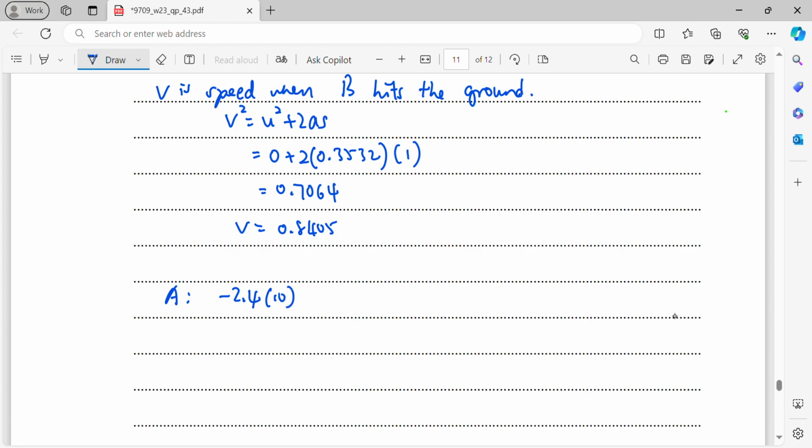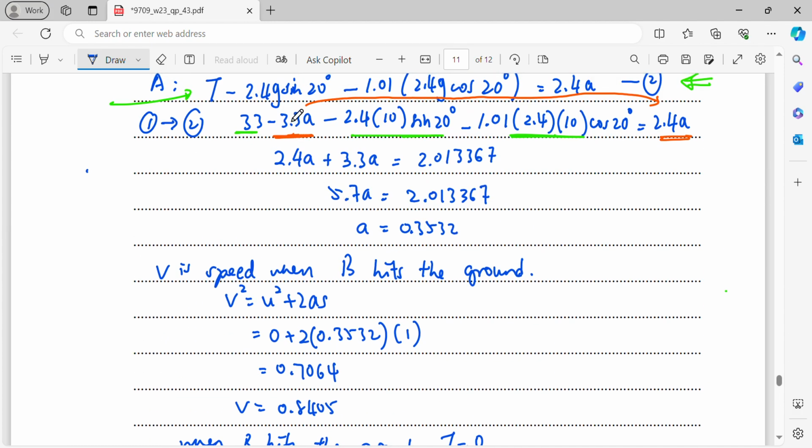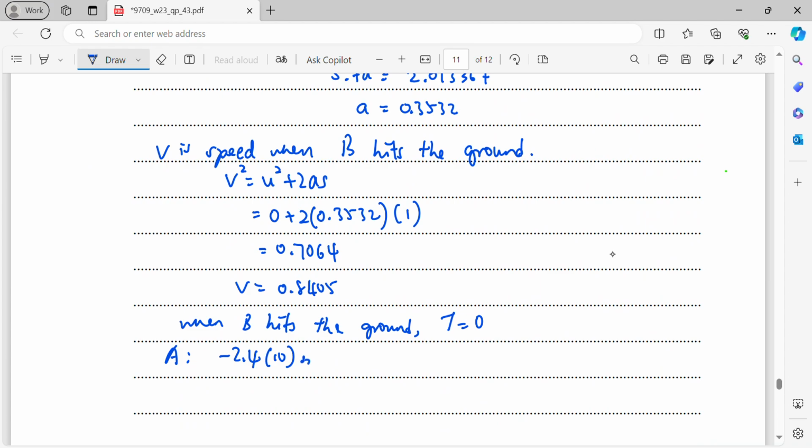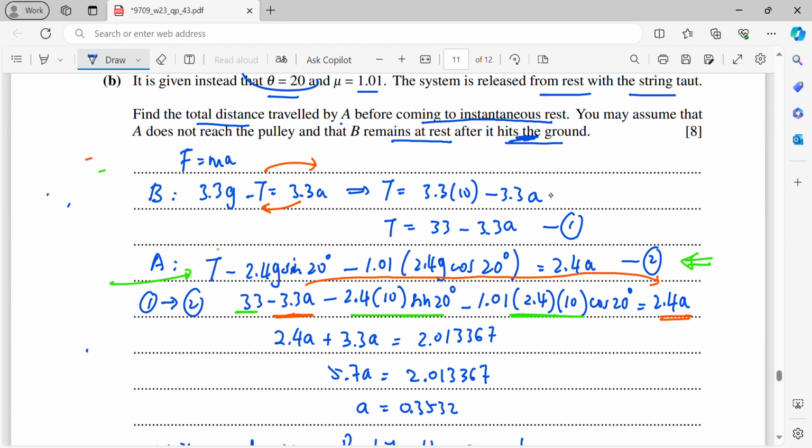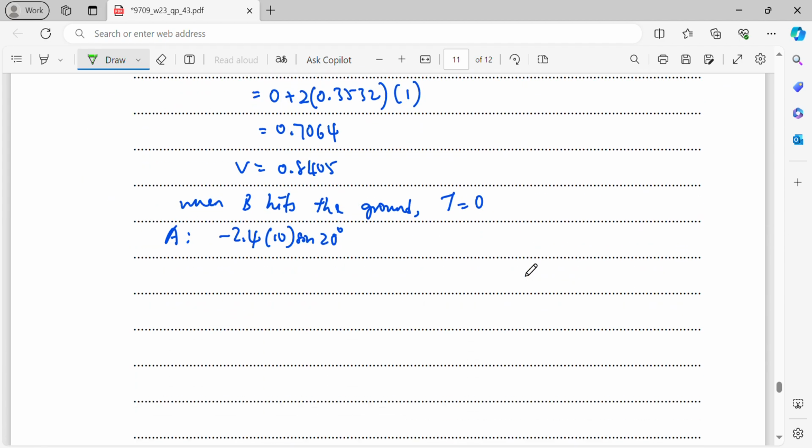You can just write here, when B hits the ground, T becomes 0. Then sine 20 degrees, minus 1.1 bracket 2.4 G cos 20 degrees.